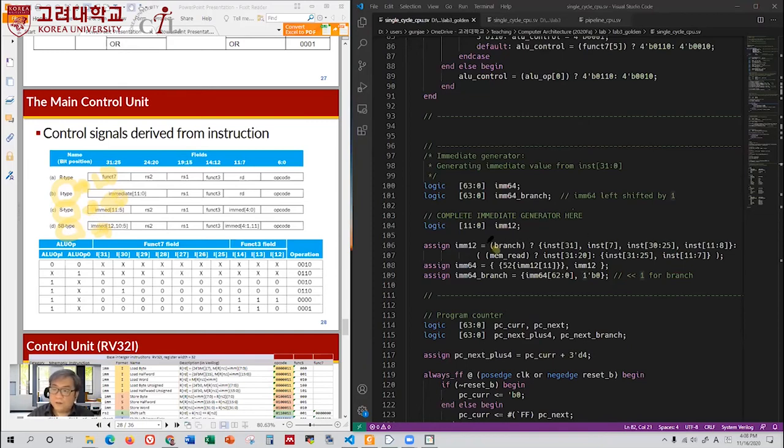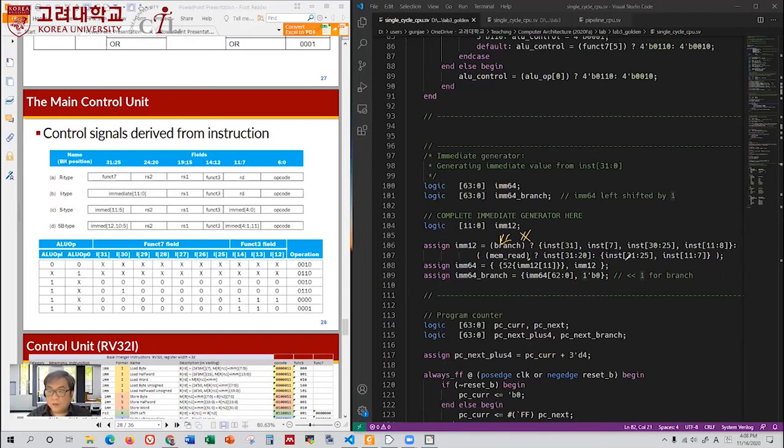Here, you can find the memory read control signal becomes 1 for the load instruction, so I use this memory read control signal for the different immediate fields.